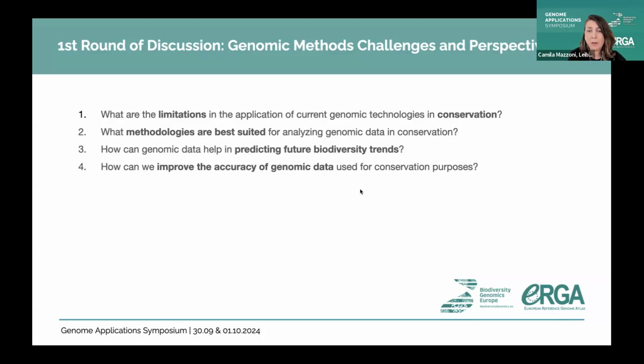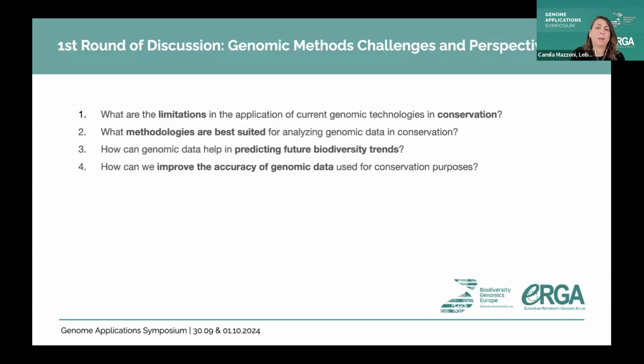Also, which methodologies are best suited? Because genomics is a technology that is quite broad, quite variable in the types of applications. So are there methodologies that will be more suited for direct application and conservation? And also, how can genomic data help predicting future biodiversity trends? So we are talking a lot about the assessment now.